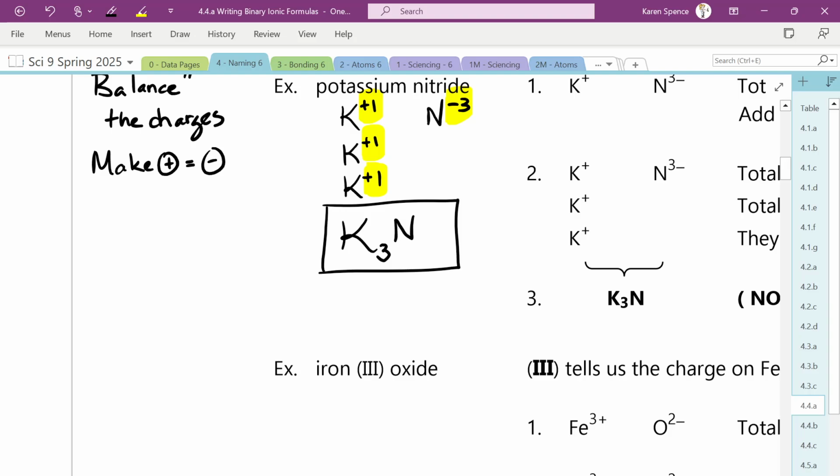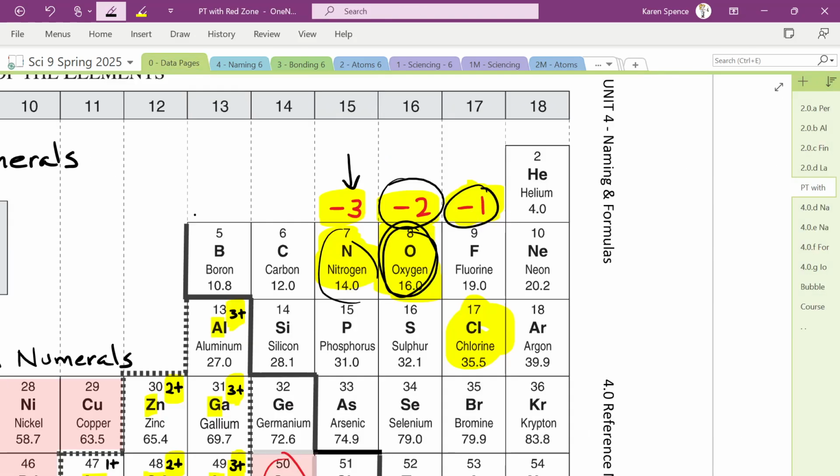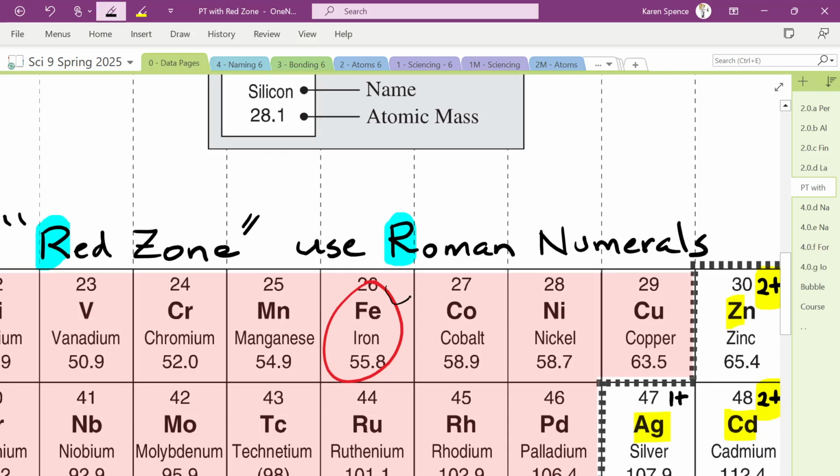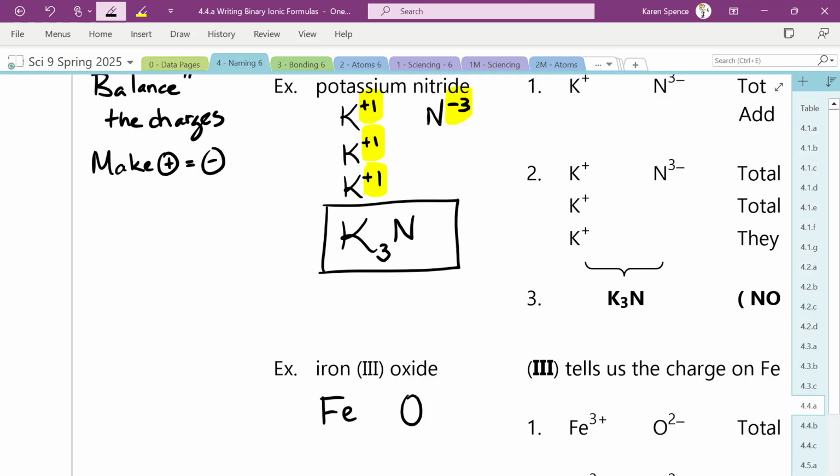Iron 3 oxide. Well, iron is Fe. Oxide is O. Now, if we go to our periodic table, iron does not have a charge written beside it because it is in the red zone. It could be +2, it could be +3, it could actually be various other charges as well. But what does this Roman numeral tell us?